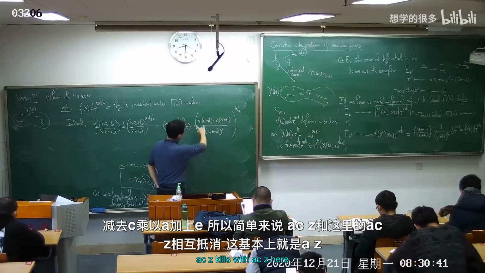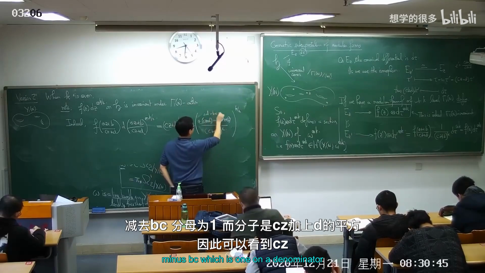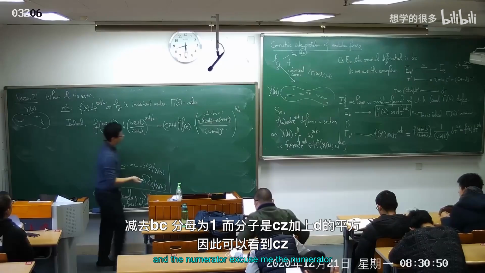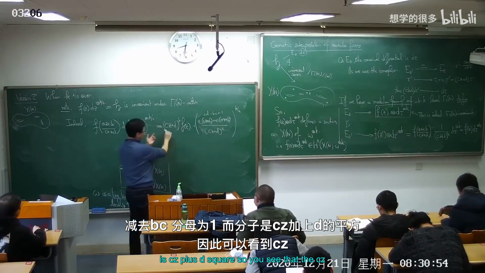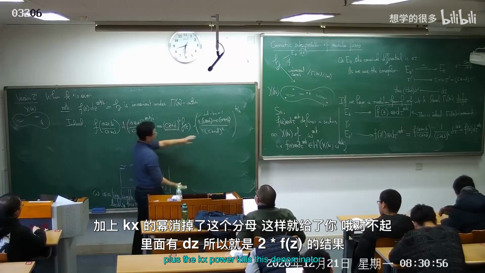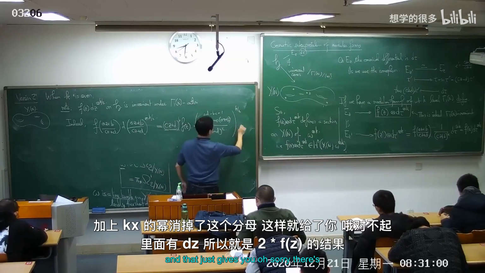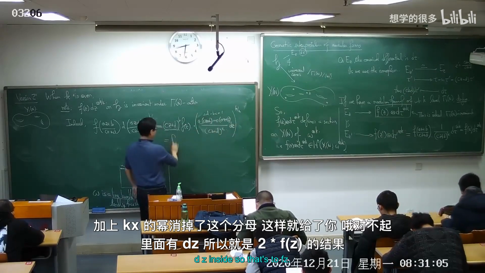So basically acz kills with acz here, so this is just ad minus bc, which is 1, on the numerator, and the denominator is just (cz+d) squared. So you see that the (cz+d) to the kth power kills this denominator, and that just gives you F(z) dz.